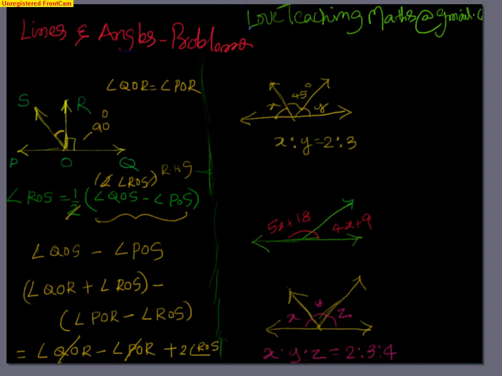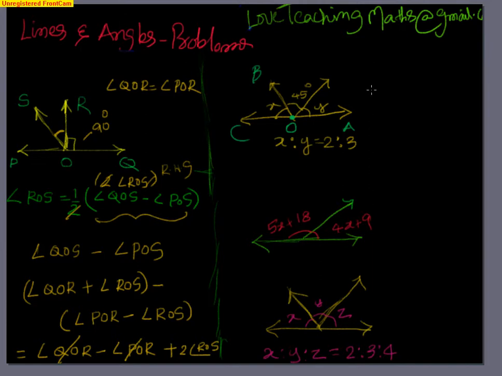I haven't named it, so let me name this. Say this is O, this is A, this is B, this is C. We have OA, OB, OC rays starting from point O, and you have three angles.